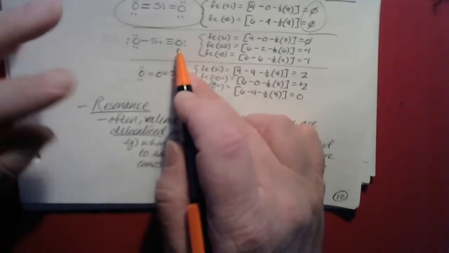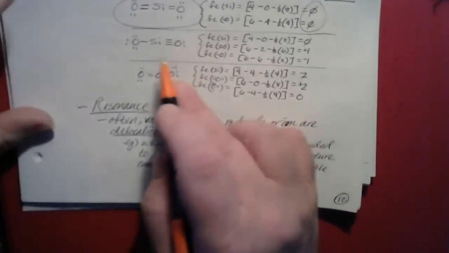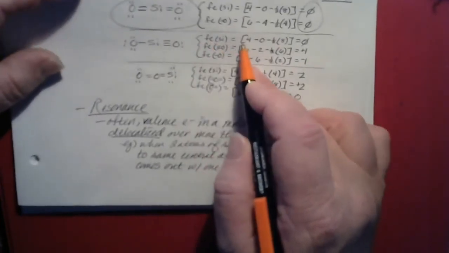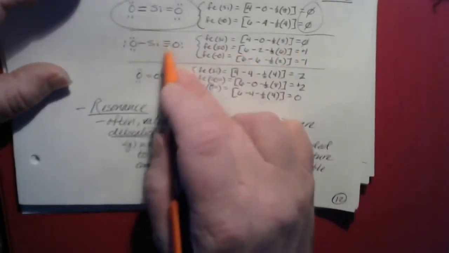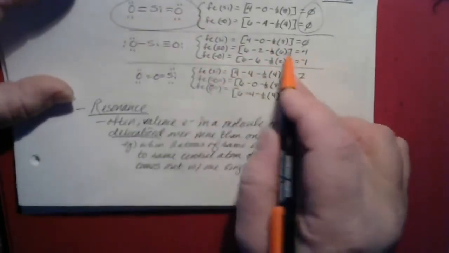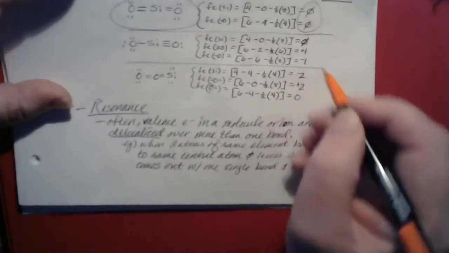Could form 2 single bonds or 1 double bond, but it really doesn't want to form a triple bond. So as we look at this, we can look at the silicon, and again, it's 4 minus 0 minus 1/2 of 8, because the silicon still has an octet of bonding electrons around it and no lone pairs, just like in the first example. So like in the first example, the formal charge on the silicon ends up being 0.